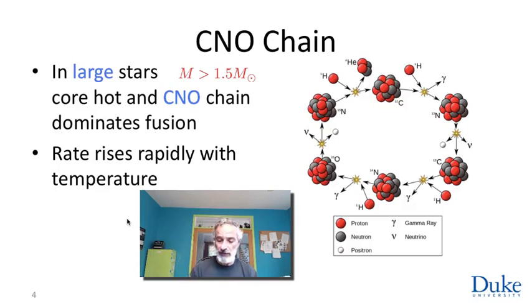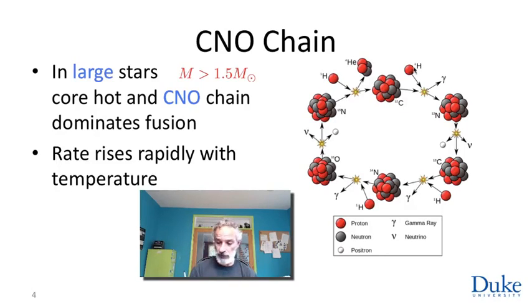But basically, the presence of carbon in the core catalyzes fusion in the sense that carbon fuses with hydrogen to produce nitrogen, which decays to leave carbon, a different isotope of carbon, which fuses again to produce another isotope of nitrogen, which fuses with another hydrogen atom producing oxygen, which decays to an isotope of nitrogen, which fuses with yet another proton, emits an alpha particle, and returns us to the original carbon atom.